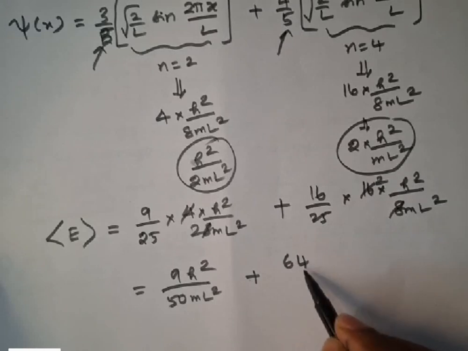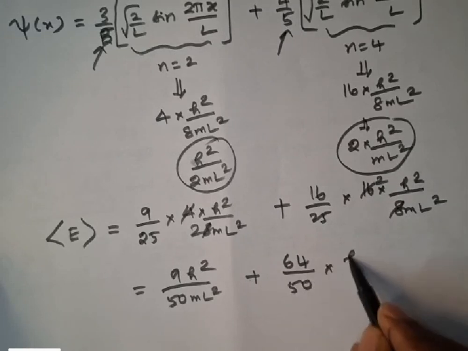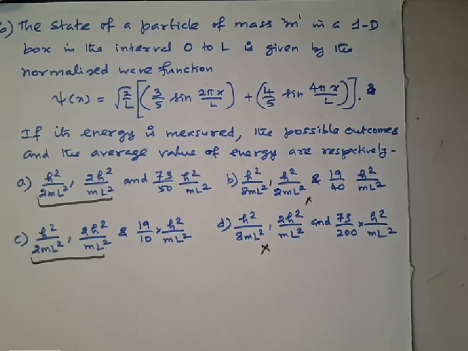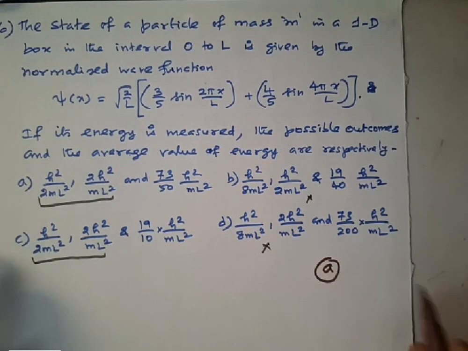So 64 by 50 times h square by ml square. Now the denominators are same, so add the two. We will get 64 plus 9, 73 by 50 times h square by ml square. We get average energy like this. So the correct option for this question is option A, right? Take down.